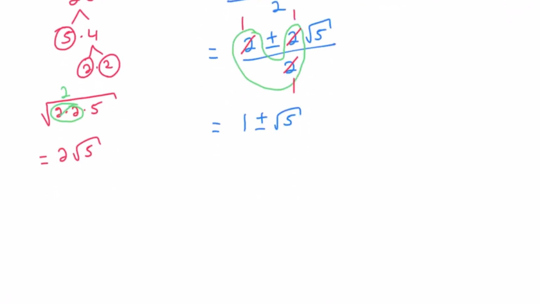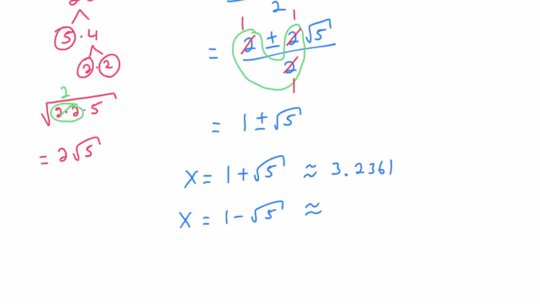So here we have two numbers. X is 1 plus the square root of 5, and this is approximately 3.2361. The other one we have is 1 minus the square root of 5, so it is approximately negative 1.2361.